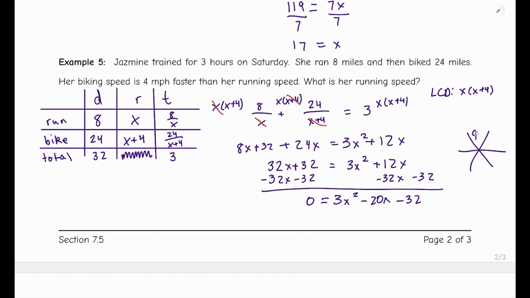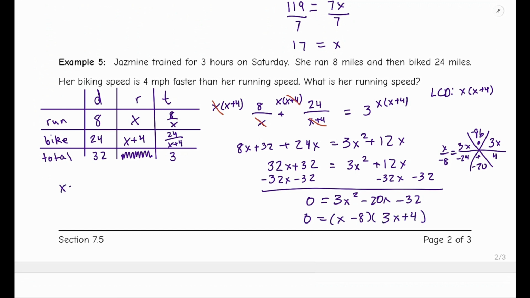Get negative 96, negative 20, and 3x and 3x. Now, what two numbers multiply to negative 96 and add up to negative 20? That's negative 24 and 4. And this can reduce to x over negative 8. So we get 0 equals x minus 8, 3x plus 4.